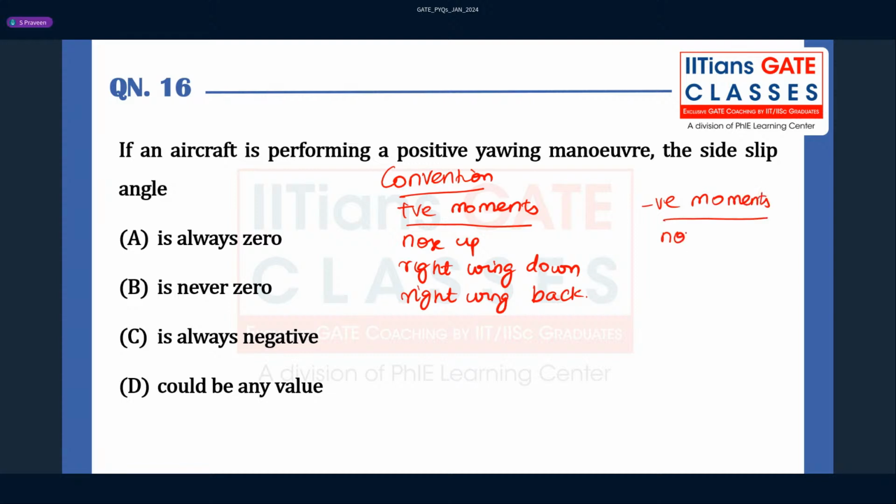So nose down is a negative moment, and right wing up is a negative moment, and right wing forward is a negative moment. That is, nose up is basically we're talking in this plane.